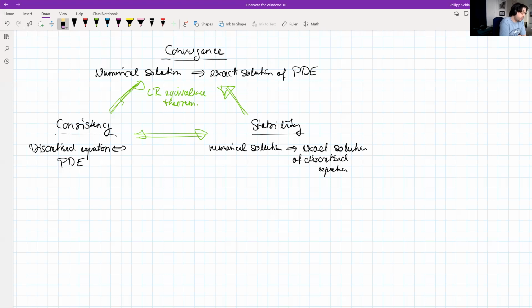But maybe to just summarize and put everything into perspective with regards to what we discussed yesterday, I would just like to get back to this diagram that I have on screen, where you see the interaction between convergence, consistency, and stability. As we just discussed, convergence is the idea that the numerical solution, my discretized velocity pressure field, converges to the exact solution of the PDE.